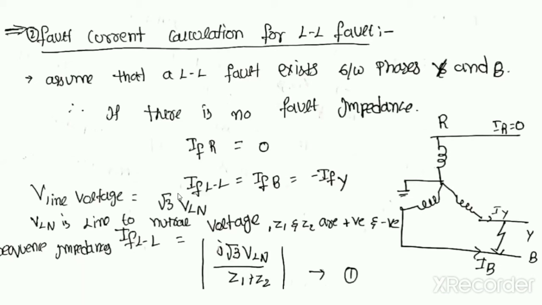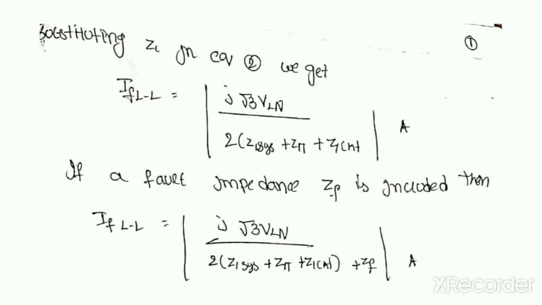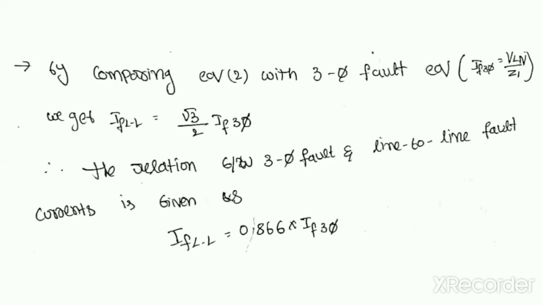Similarly, the line to line fault current, IF line to line, is equal to root 3 by 2 times the three-phase fault current.